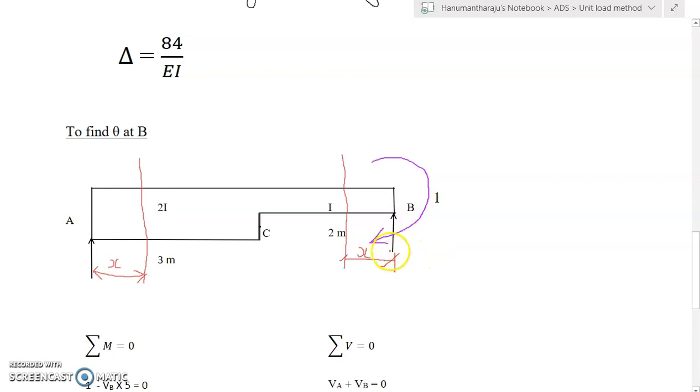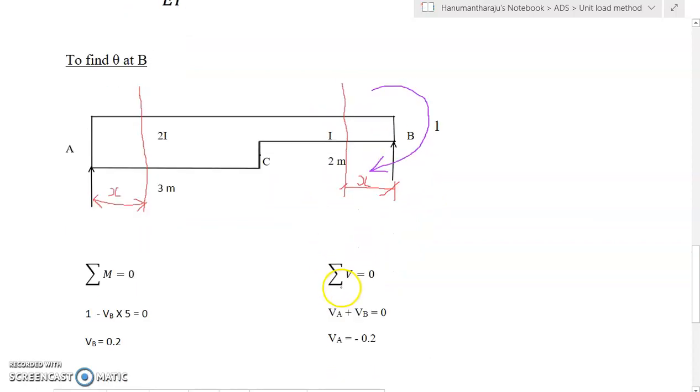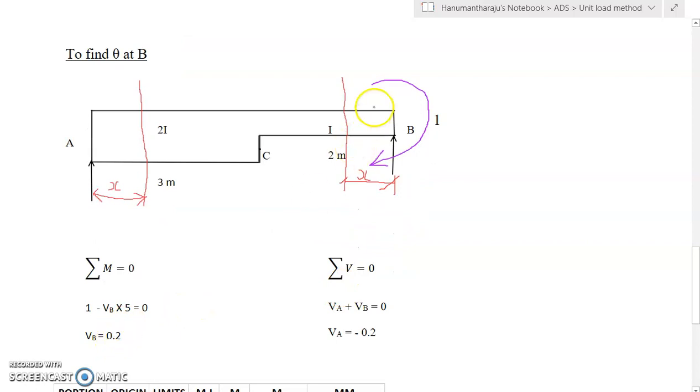The moments will be, if you take the right of the section, VB into x producing an anticlockwise moment positive, VB is 0.2x, then there is a clockwise moment, the clockwise moment is negative to the right of this section, therefore it is minus 1.